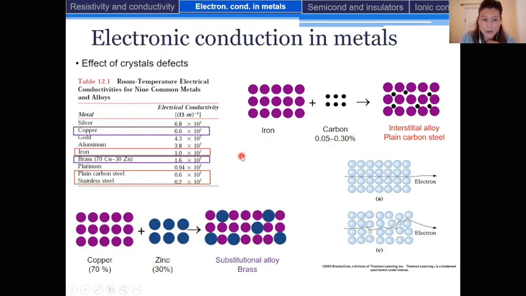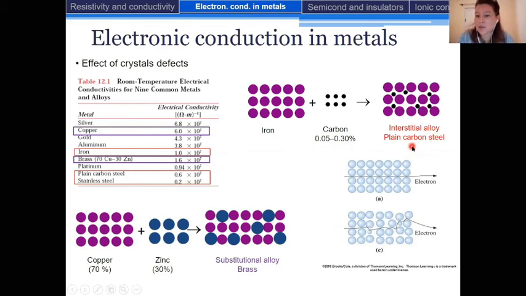In the same way, we can compare the electrical conductivity for iron and for plain carbon steel and stainless steel. So for iron, we have 1 times 10 to the power 7 electrical conductivity, whereas for plain carbon steel, it dropped to 0.6, and for stainless steel, 0.2. So in this figure, you have a representation of what is formed if we mix iron with a very low percentage of carbon, which forms a plain carbon steel.